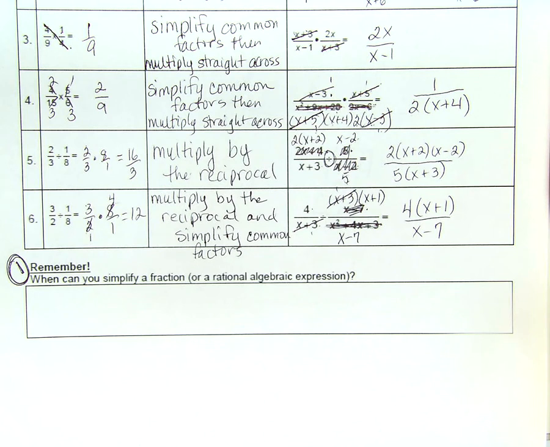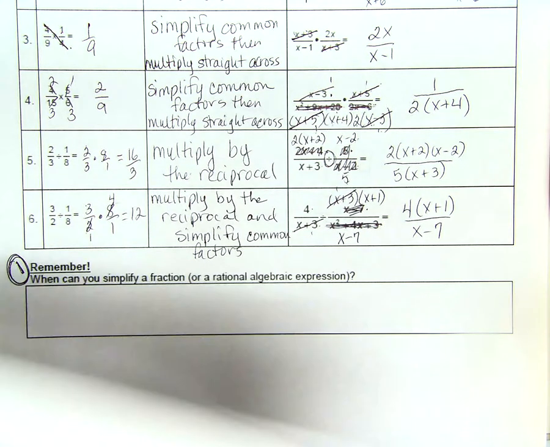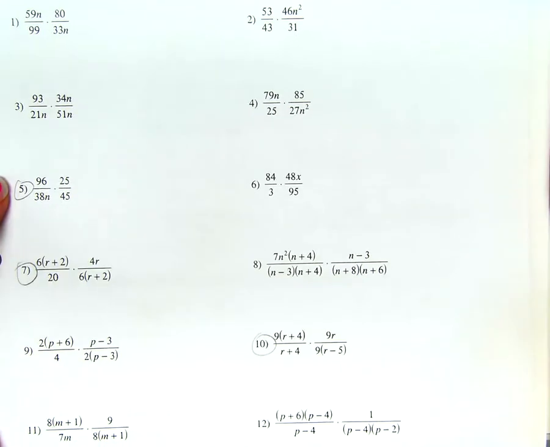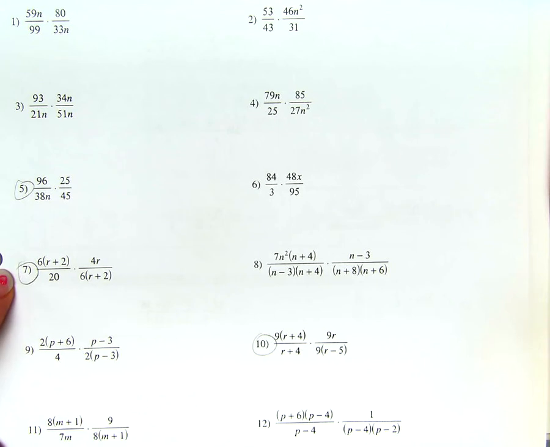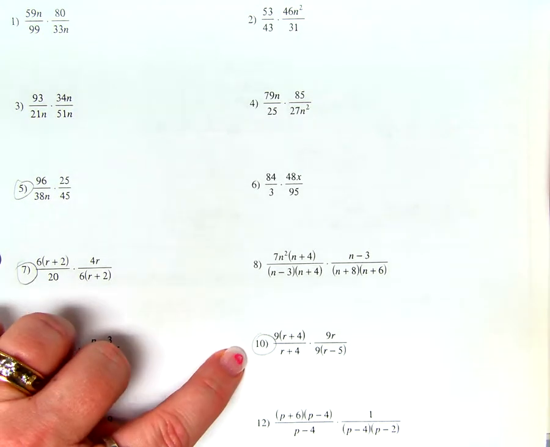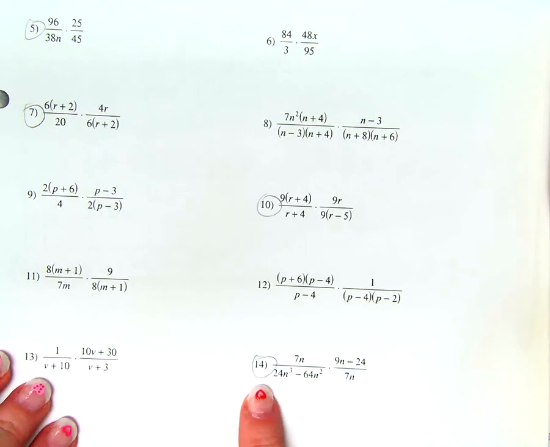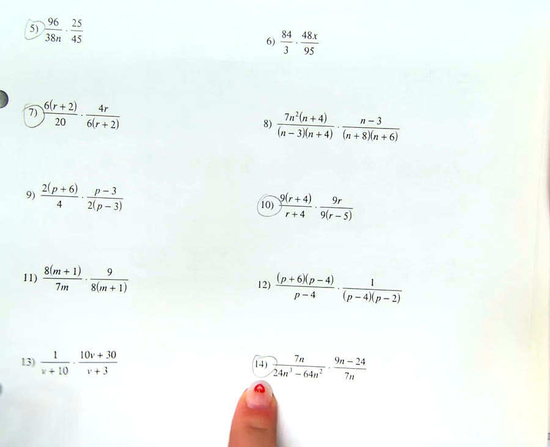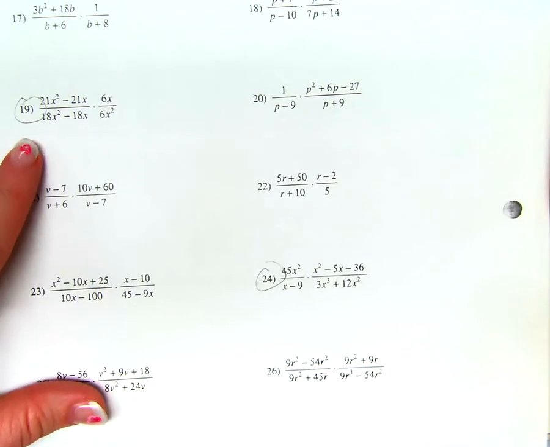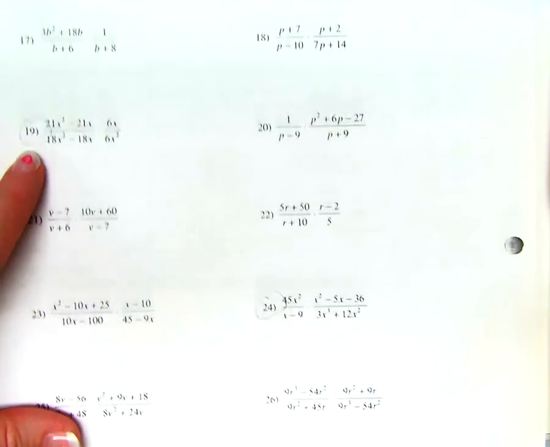Okay? Please circle the following problems: 5, 7, 10, 14, 19, and 24.